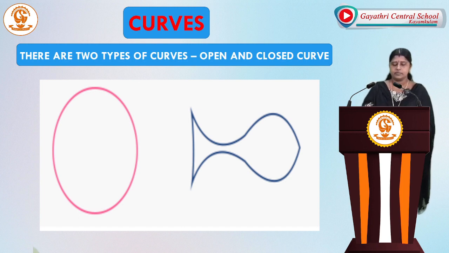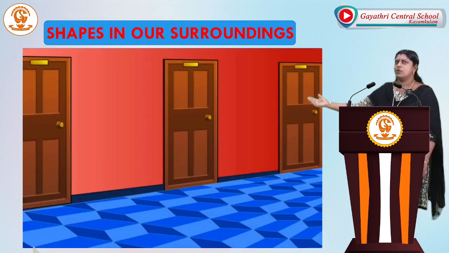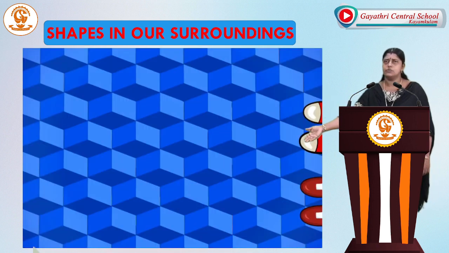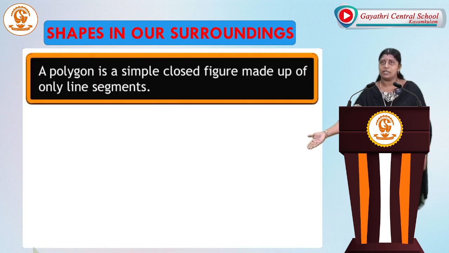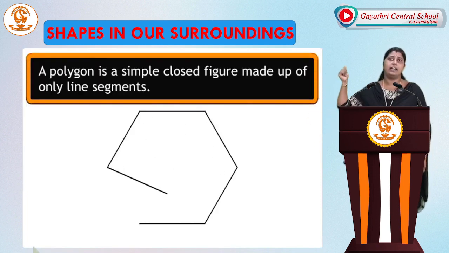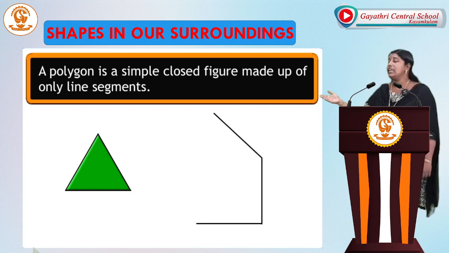Okay, then let us see some shapes in our surroundings. We can see so many geometrical shapes here. In this floor design, we can see so many geometrical shapes made up of straight lines. These are known as polygons. A polygon is a simple closed figure made up of only line segments.